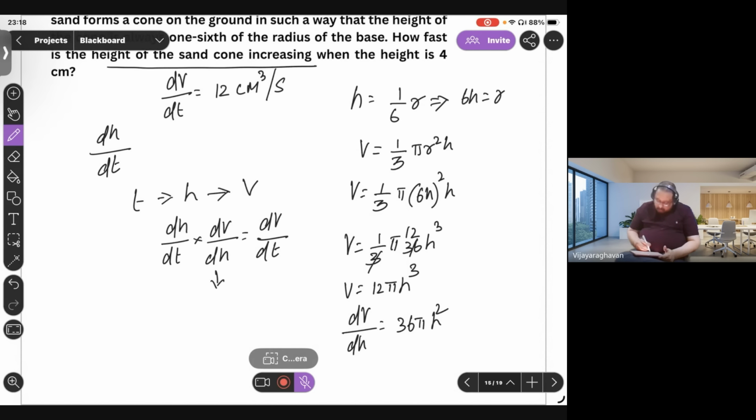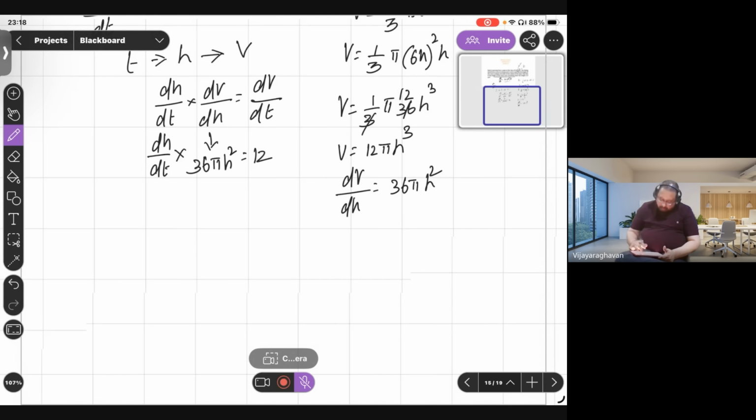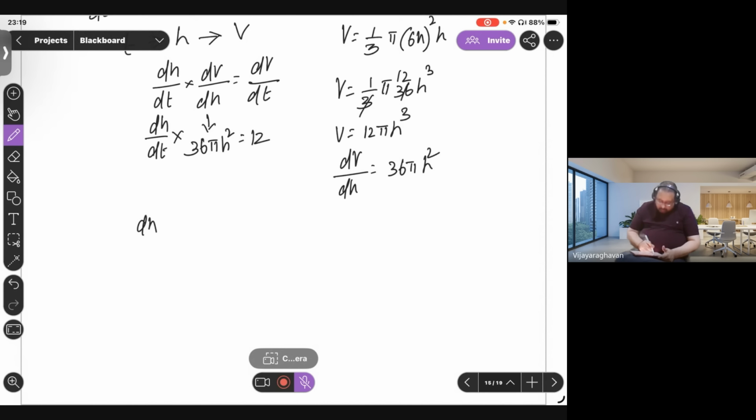This is 36 pi h square. dh/dt we don't know. So dh/dt multiplied by dV/dh equals dV/dt. What is dV/dt? 12. Therefore, dh/dt equals 12 over 36 pi h square.